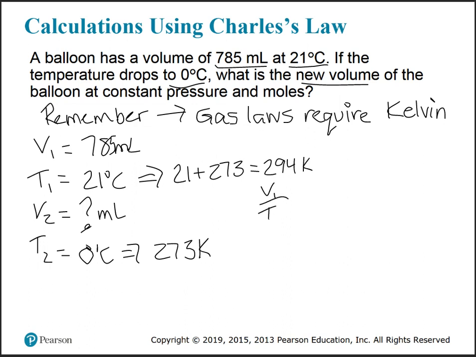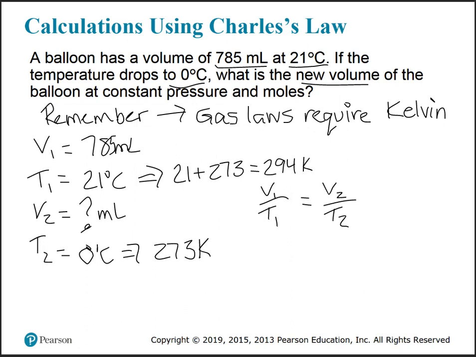Now we take our gas law, and when you're doing these problems, you're going to need to be able to identify which law you need to use. So Charles's law relates volume and temperature. Since all we have are volumes and temperatures, we have to use Charles's law. You're not going to be told, use Charles's law to figure this out.